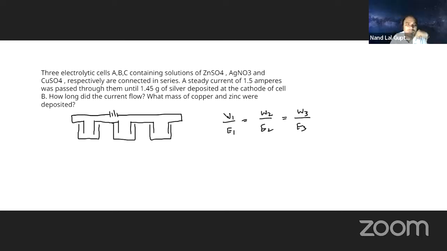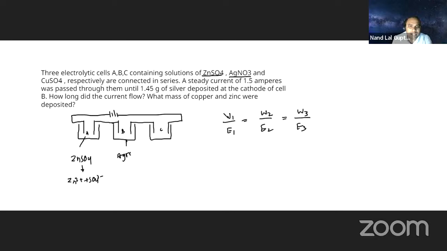Okay. So in the first one you see A, B, C are there. This one is ZnSO4. If you ionize it, it will give the Zn2+ ion plus SO4 2- ion. Another is AgNO3.